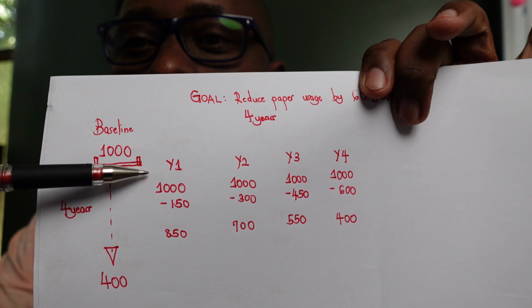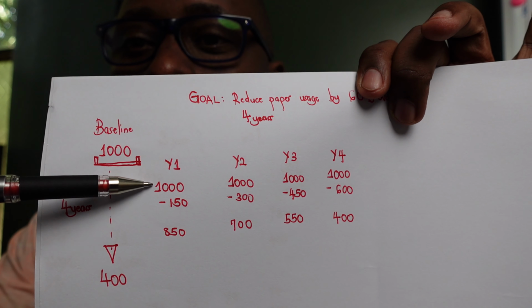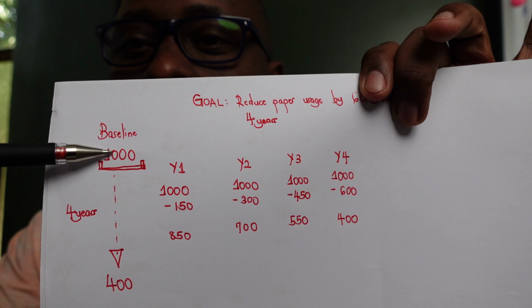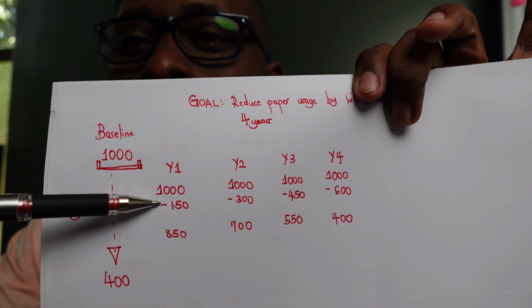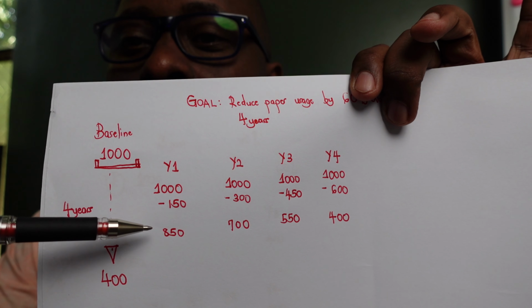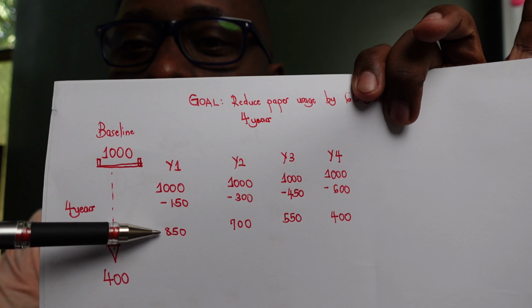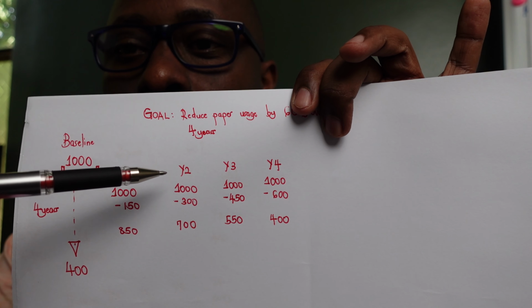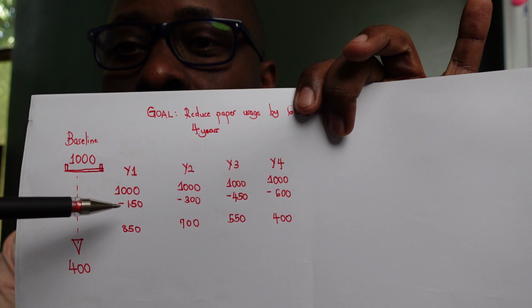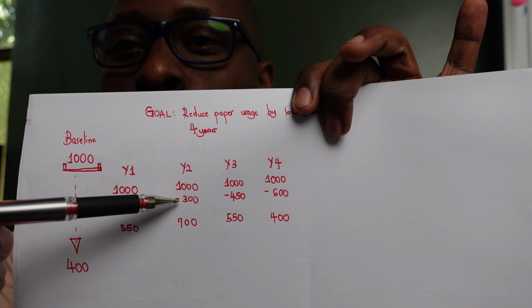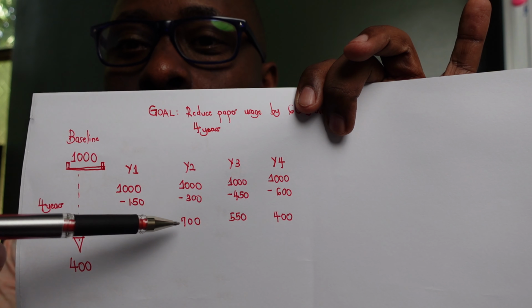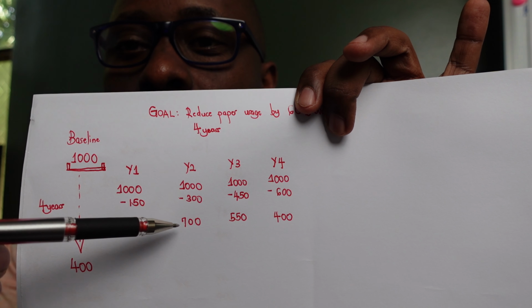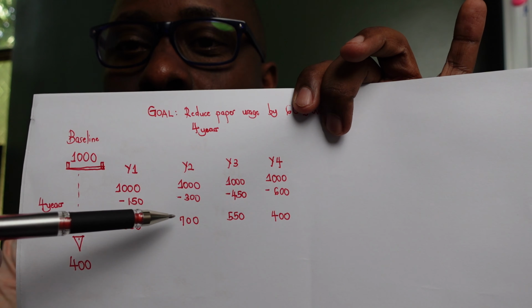In year 1, if we come down from the 1,000 by 150, we are hoping that printing will be in the 850 range. Year 2, from the 1,000 we should be reducing cumulatively by 300, hoping that by the time we measure again, we're coming from the 1,000 to 700.